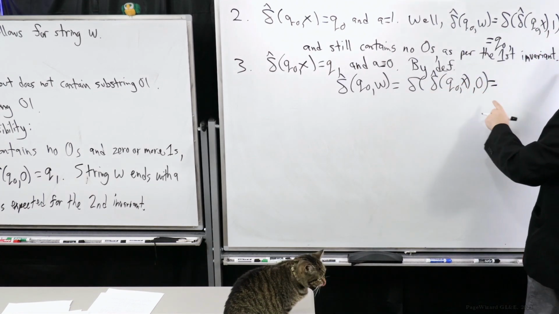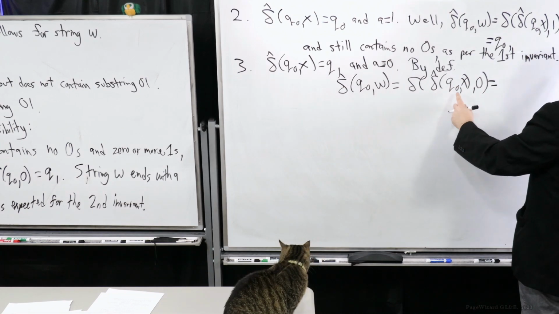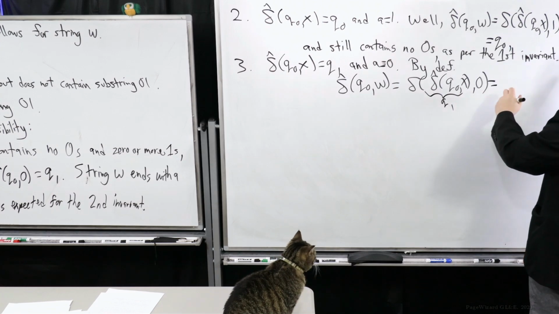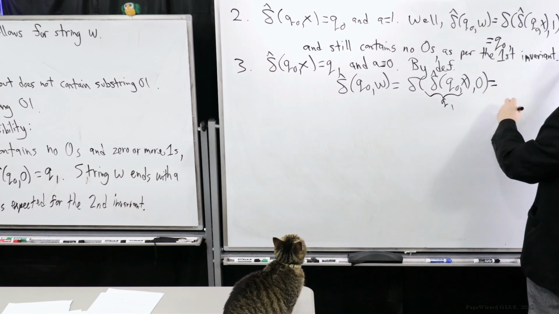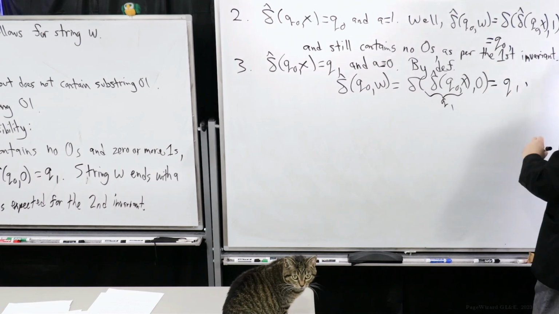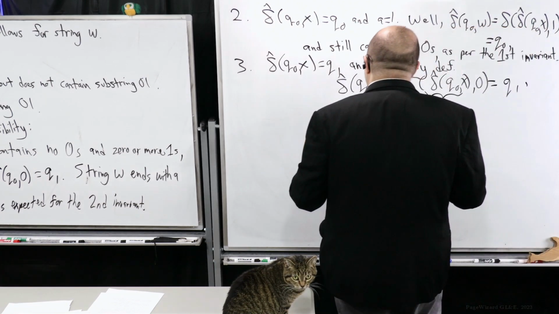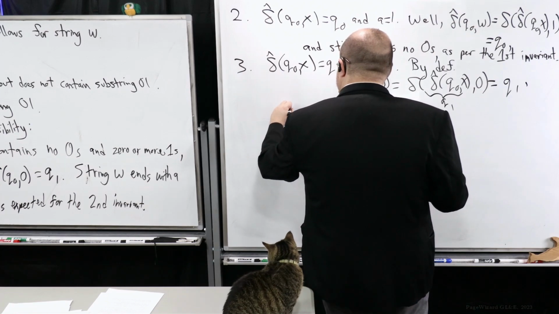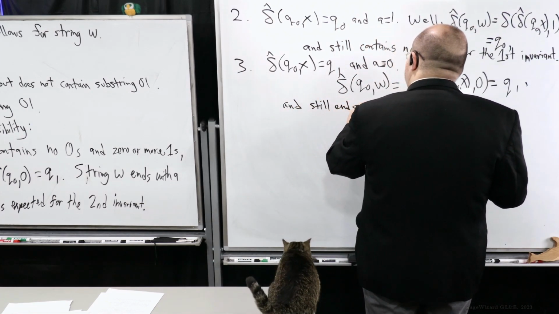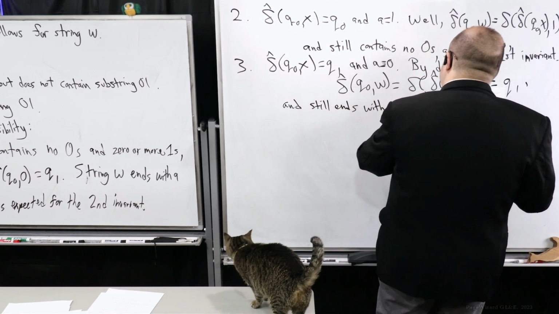So anyways, now we know this is Q1, right? So what's Q1 when I read a 0? Well, it stays in Q1, right? And it still ends with a 0, right? And still ends with a 0. Yeah, exactly, Miss Kitty.